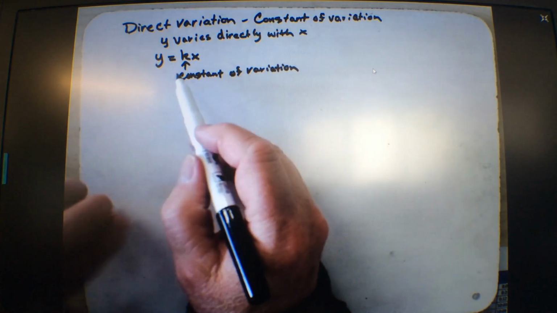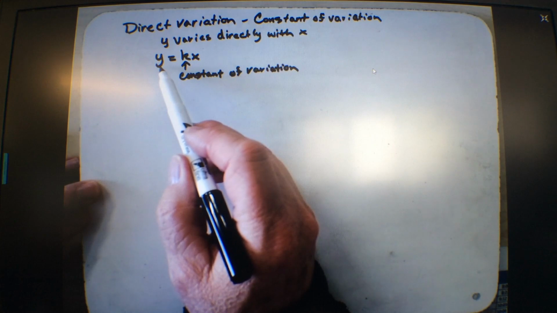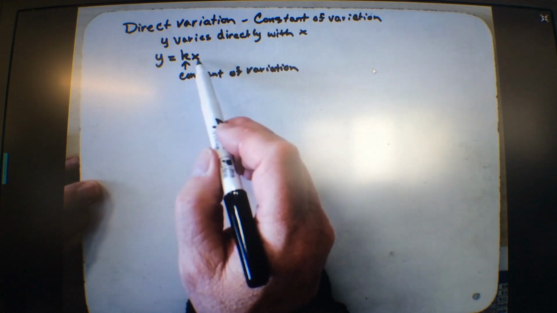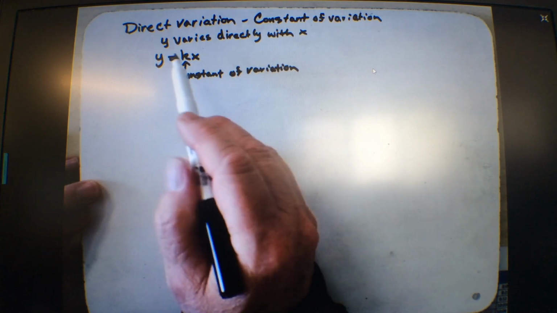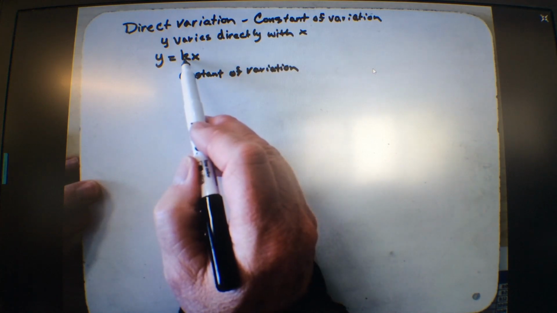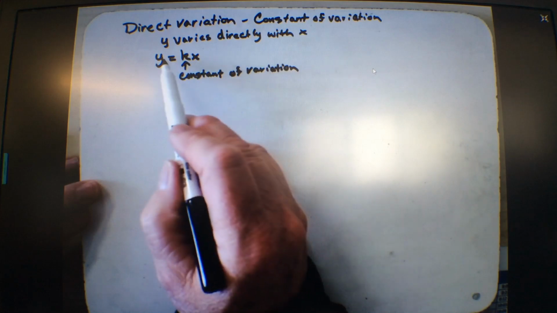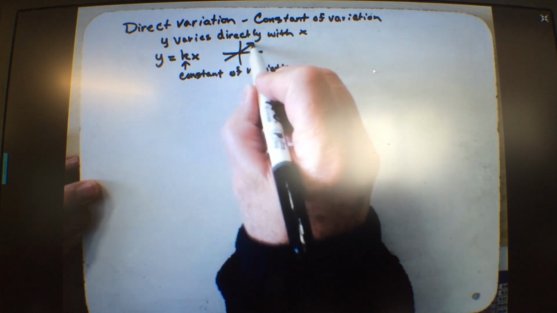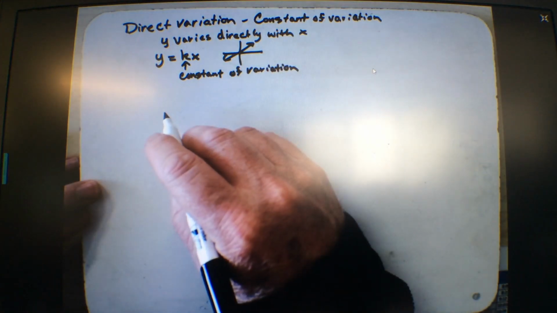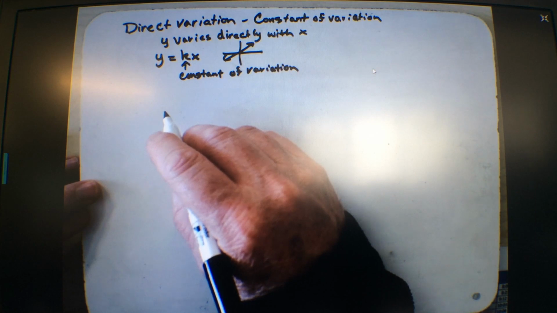Okay? And you can see that as x goes up, so does y. If this number remains the same, as this number goes up, this number goes up. And so on a graph, it would be a positive slope. And if one was going up, the other one would go up. One goes down, the other one goes down.